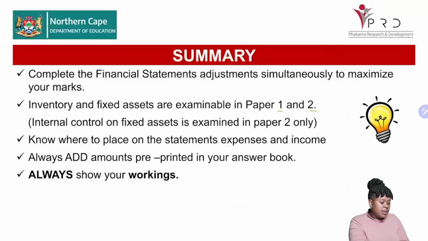And remember that the internal control on fixed assets is examined on paper 2. Then know where to place the statements, expenses, and income, and also add amounts pre-printed in your answer book, and always show your workings. Okay, so those are the tips, and that is what we've covered so far.